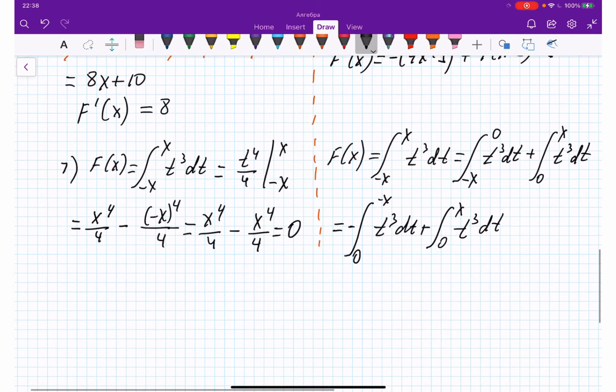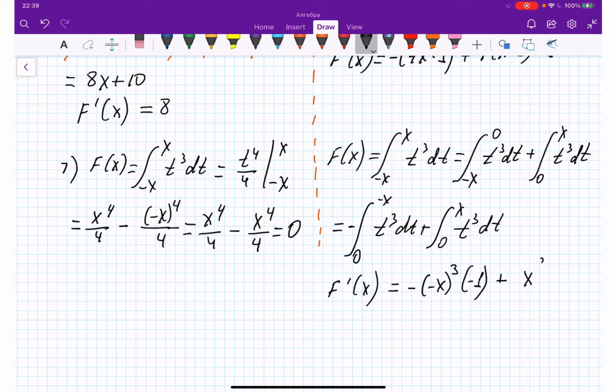All right, so from here now we can apply it, right? And it's a continuous function. So the derivative f prime of x is equal to negative x to the power 3 times negative 1, right? And plus x to the power 3.